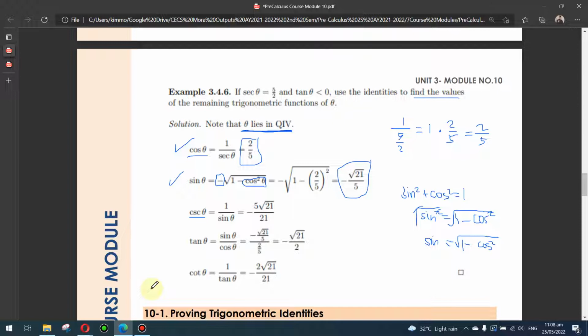Nahihirapan ako mag-input. I-calculate natin eh. 1 over tangent. Tapos magbalik pa tayo sa may identities.